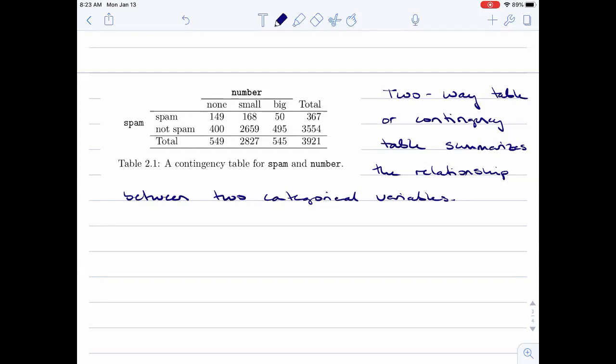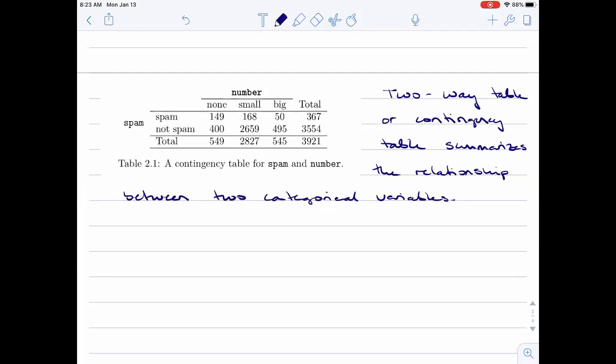Those numbers we're able to deal with easily. But when it's out of a total, let's say the grand total, 3,921, well, that's hard for us to think about and compare values, right? So usually what we do is we take proportions.